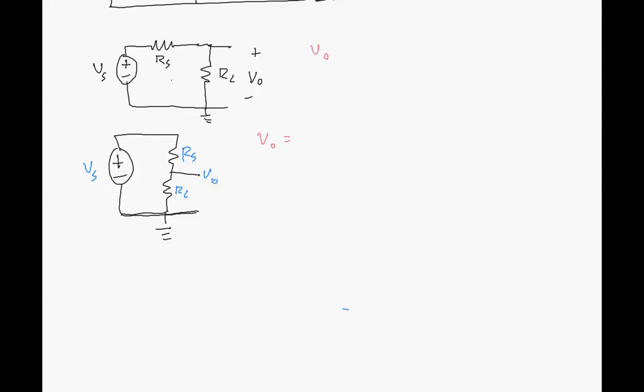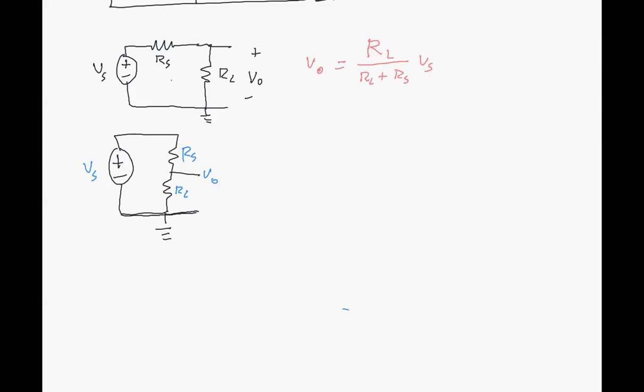V out, because I want you to be comfortable with that one, is just the ratio of RL over RL plus RS times VS. It's just the divider rule. Nothing fancy.